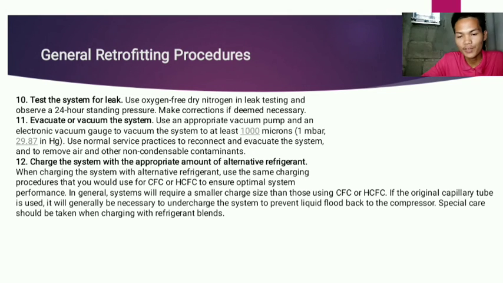Use an appropriate vacuum pump and an electronic vacuum gauge to evacuate the system to at least 1000 microns. Use normal service practices to reconnect and evacuate the system and to remove air and other non-condensable contaminants.